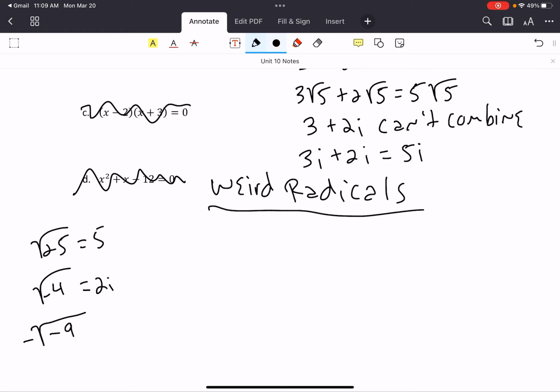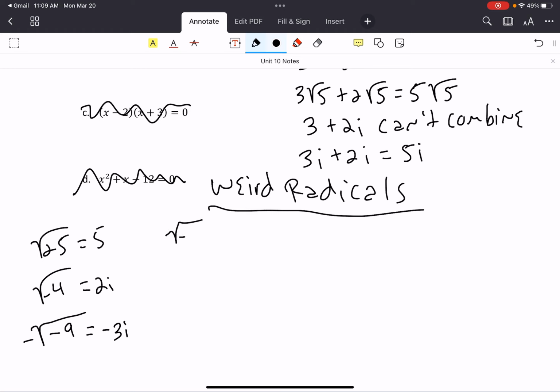So this negative makes my answer negative. The negative inside the root makes the i, and then the square root of 9 is 3. You'll see why in a little bit when we have to add this. We're going to combine this stuff with what we did last time, so I wanted to review it separately.